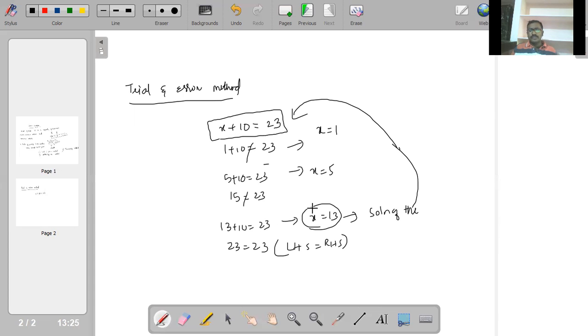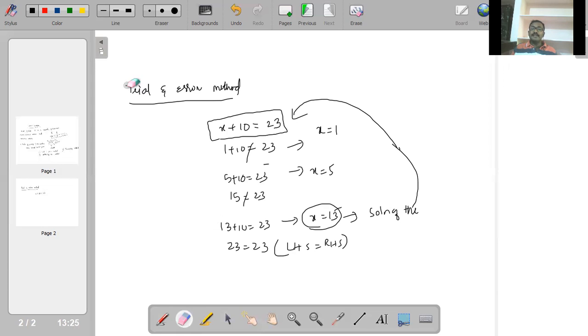After checking all those values, at a certain point I have taken x equal to 13. So I just have to put it in this equation. Now 13 plus 10 is nothing but 23. The left hand side and the right hand side are both equal. Then the value x equal to 13 is the solution of this equation. So this is nothing but the trial and error method.